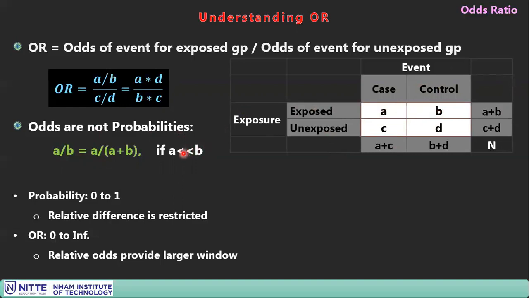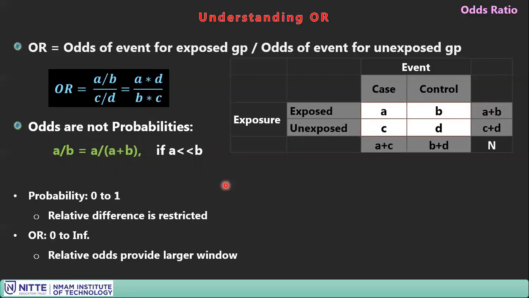Now imagine A is very small compared to B. What will happen? B will be almost equal to A plus B. In that case, the denominators become equal. So that is what I said: relative risk is almost equal to the odds ratio if B is very large.